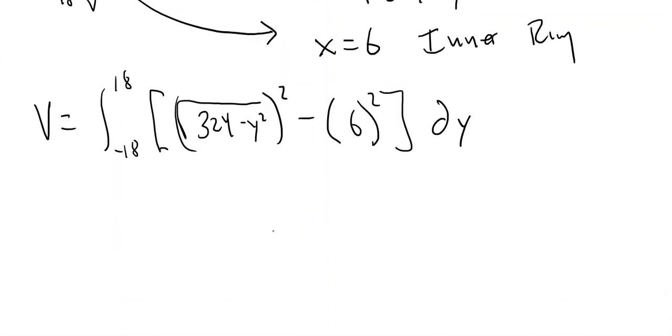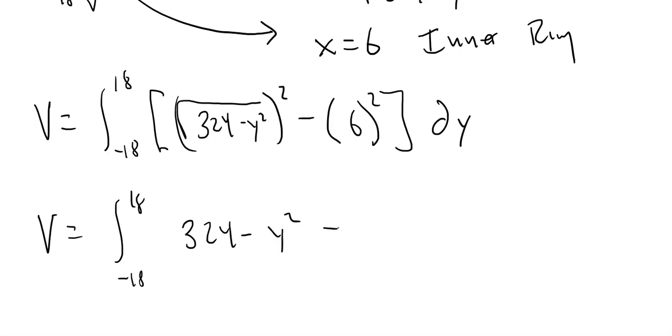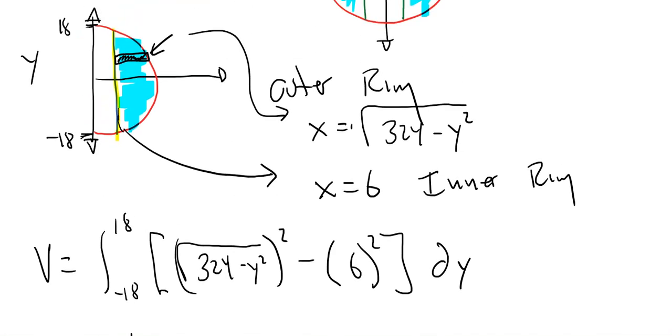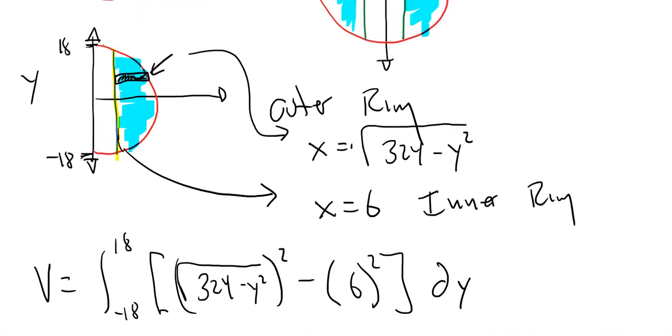Well, we get rid of that square root very nicely. So we have the integral from negative 18 to positive 18. And we're squaring a square root, so we simply have 324 minus y squared minus 6 squared, or 36, dy. Now, another thing that you can do here is use symmetry, because the top half is symmetric to the bottom half.